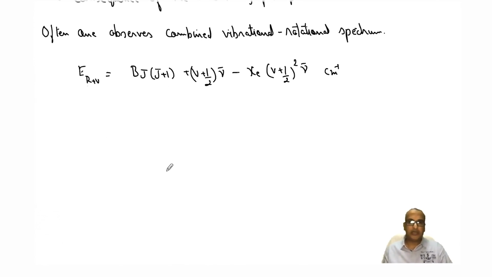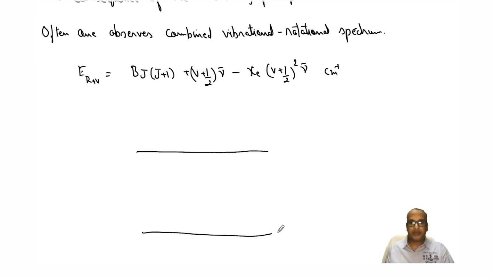Now let us look at a transition from V equal to 0 to V equal to 1. For every vibrational level there are some rotational levels, because at each vibrational state a molecule is rotating. So let's say this is V equal to 0 and V equal to 1.